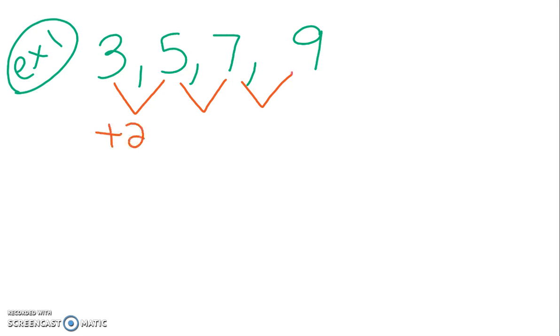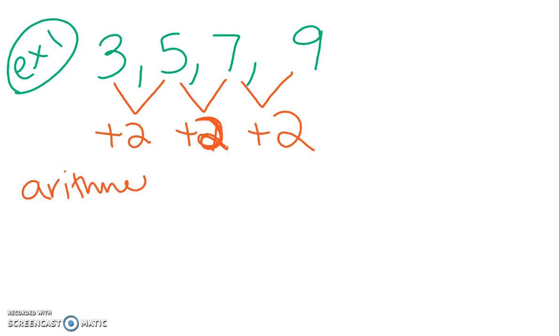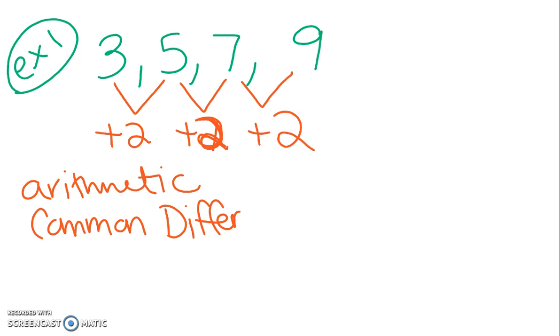So 3 plus 2 gives me 5. 5 plus 2 gives me 7. 7 plus 2 gives me 9. So that's the pattern. Since it's addition, it's arithmetic. The common difference, because arithmetic are always differences, is plus 2.